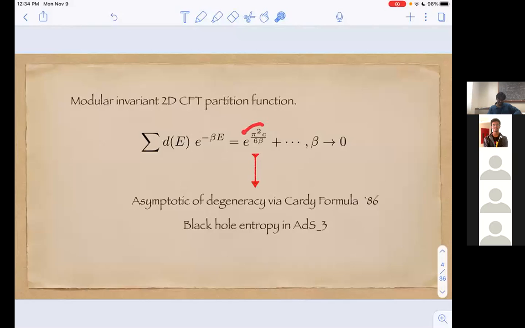Once again, from this quantity, one can do an inverse Laplace transform and obtain the asymptotics of degeneracy, which is the growth of this quantity in the E going to infinity limit. And this is also related to the black hole entropy in AdS3. So these quantities are useful because on one side they contain some universal information of the CFT, and on the other side, by AdS/CFT duality, they also contain some information of black hole physics in AdS3.